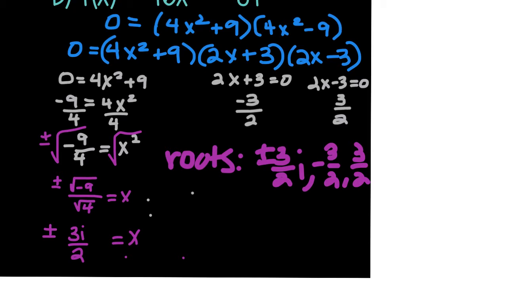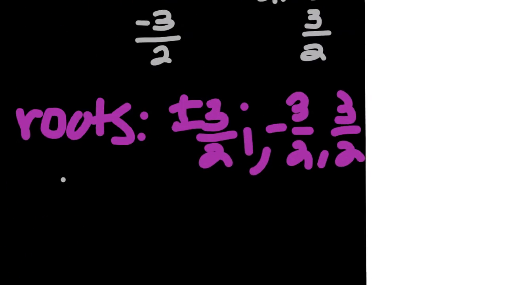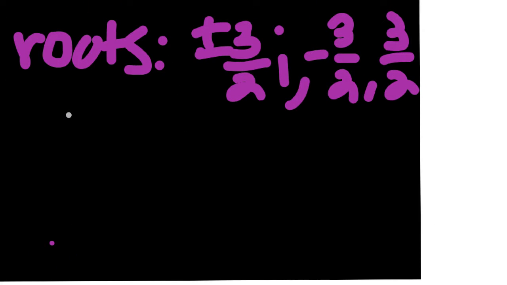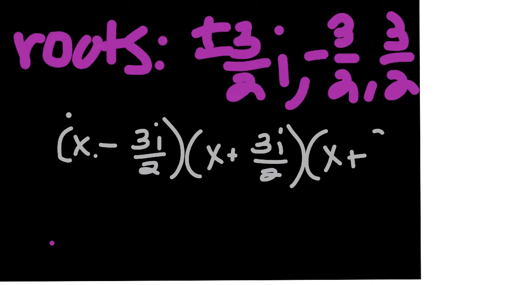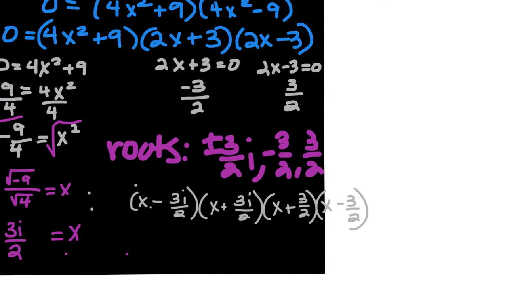But then if it wants the linear factors, so if I had actually done x minus 3i over 2, x plus 3i over 2, x plus 3 over 2, and x minus 3 over 2. First of all, I could have saved myself some work on these because they are the same thing as these up here.